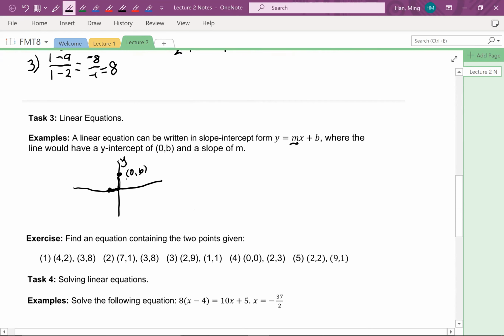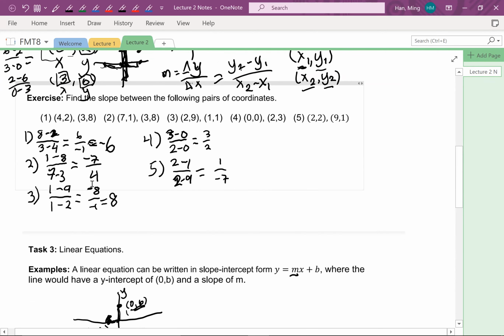Then say that this point was, we can give it any point that we want. We'll call a point here -1, 2. Then the next point over here would be -2, 2.